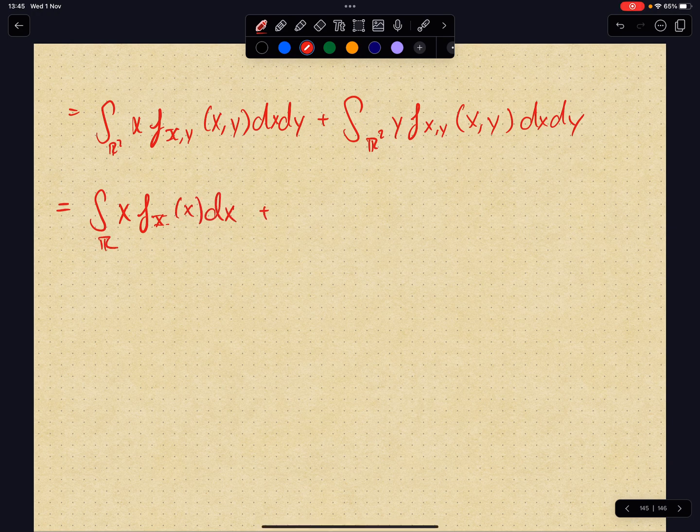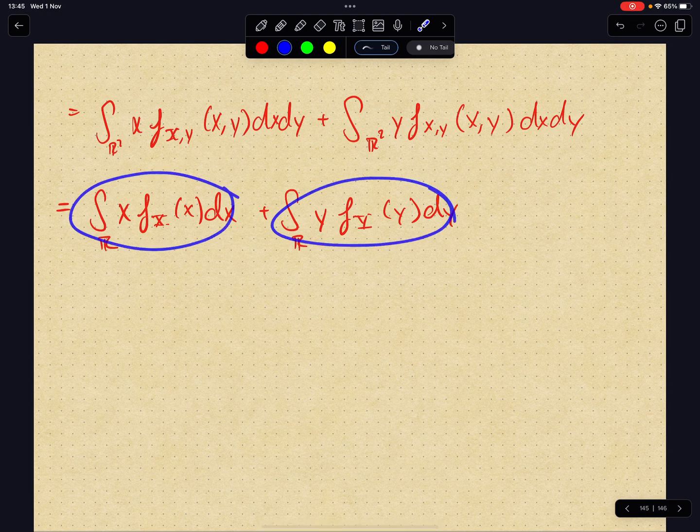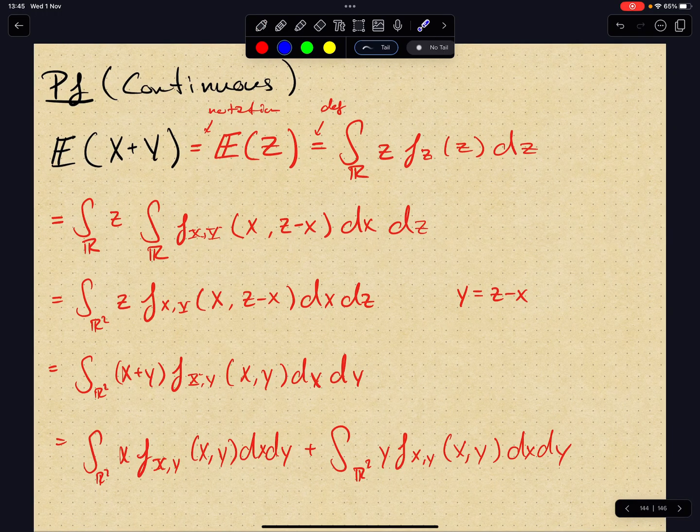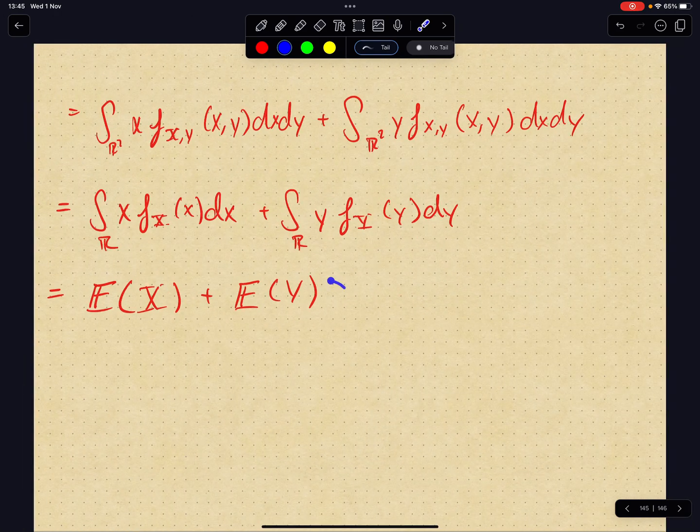For the second one, we integrate over all x to obtain the marginal density function, so this is the integral of y times f_Y of y, dy. Now we can recognize these formulas as the expected values of X and Y respectively. So we obtain the expected value of X and the expected value of Y. And this establishes what we wanted to prove, that the expected value of X plus Y is equal to the expected value of X plus the expected value of Y.